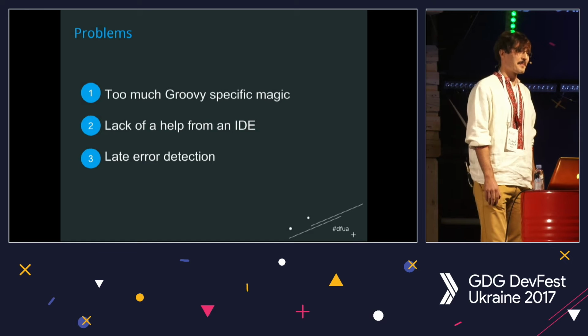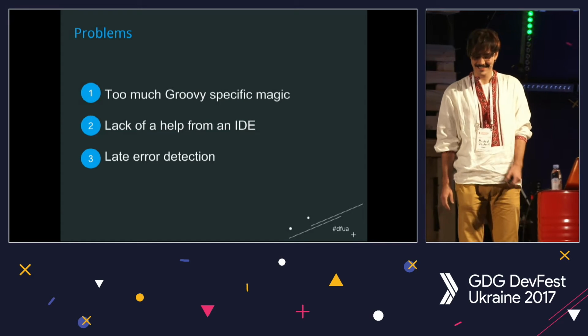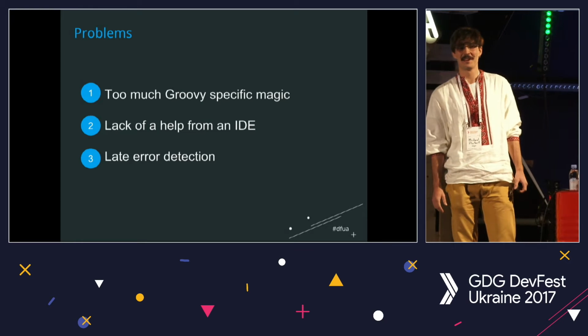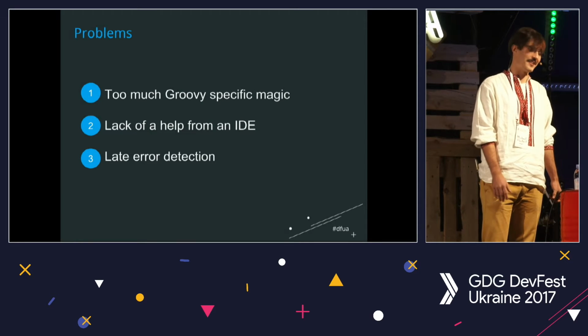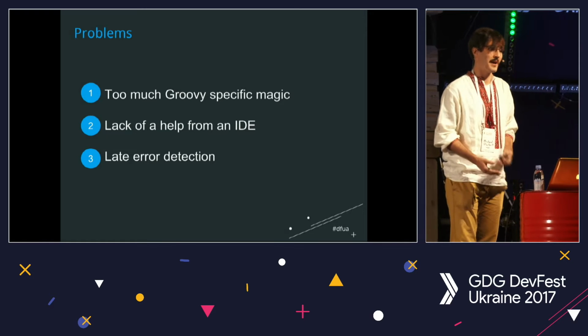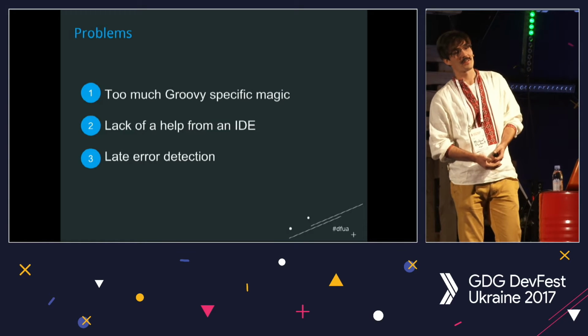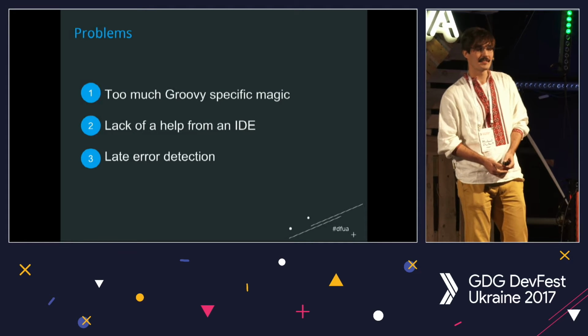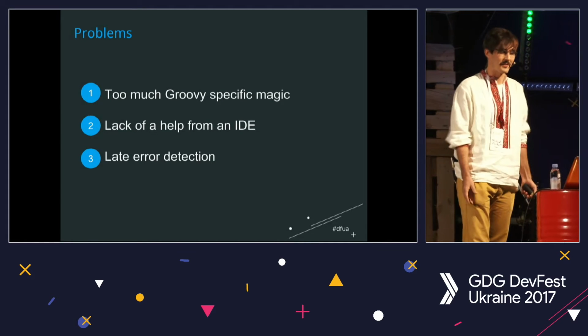So there are some issues with such build scripts in Gradle. First of all, there is too much Gradle-specific magic, and it's hard for beginners to understand what is going on.